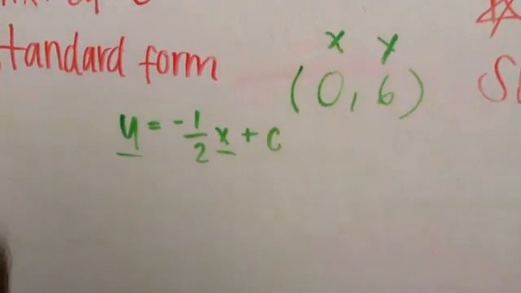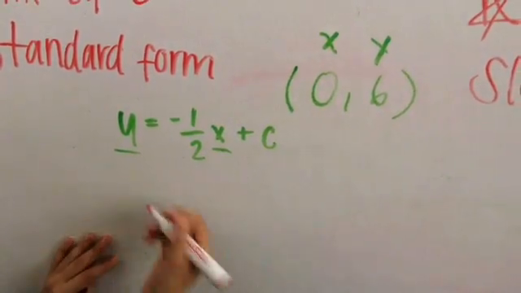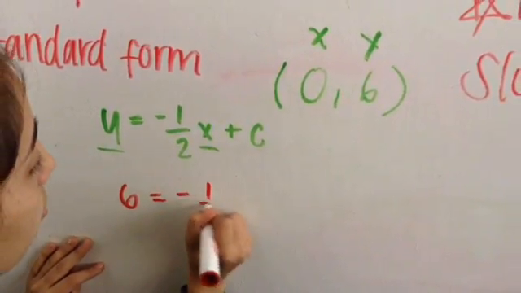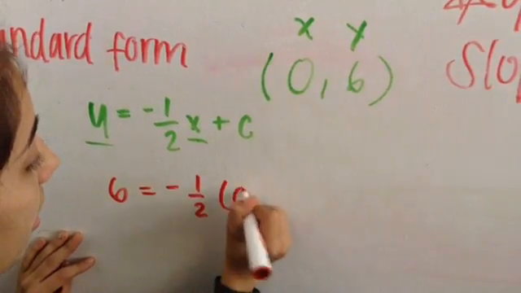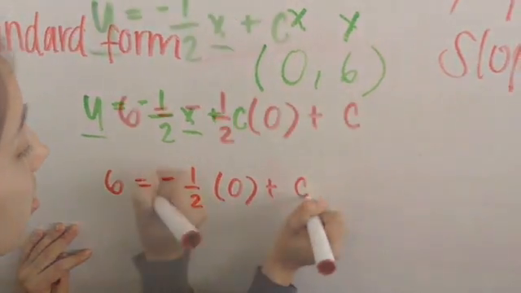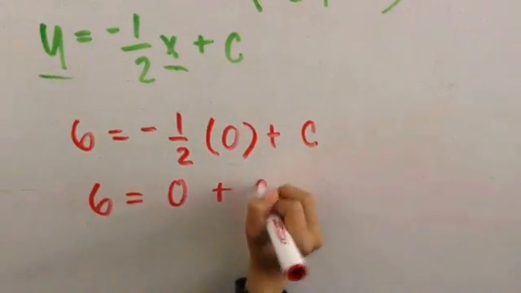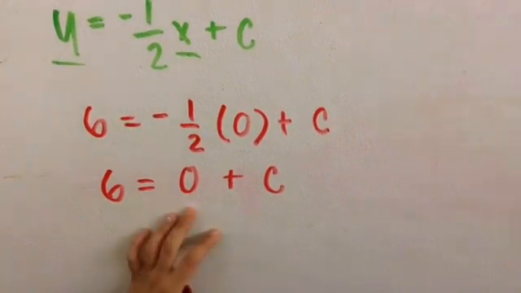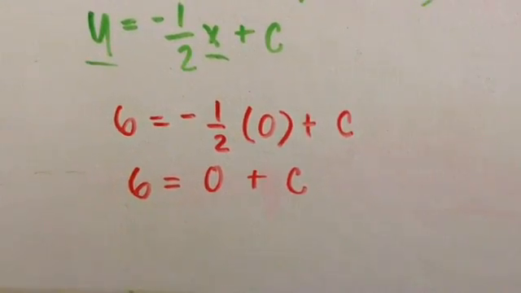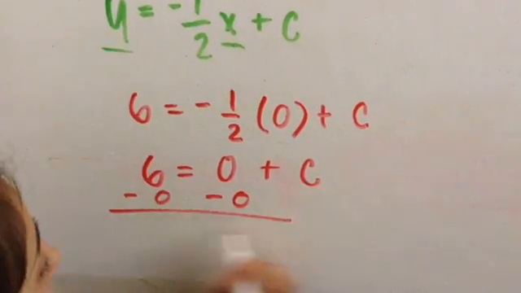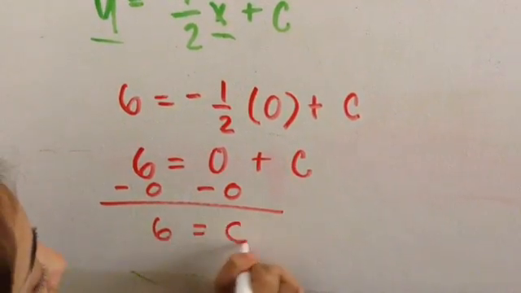So when we plug them in, we get 6 equals negative 1 over 2 times 0 plus c. So then we can move 0 to this side, but it's basically no value. But just in case, we can subtract from both sides and get 6 equals c.